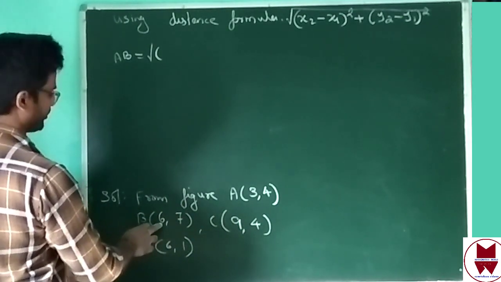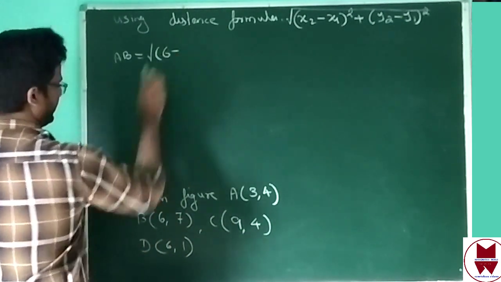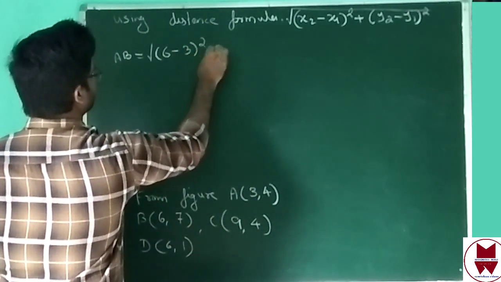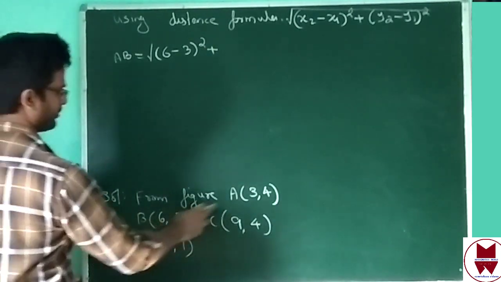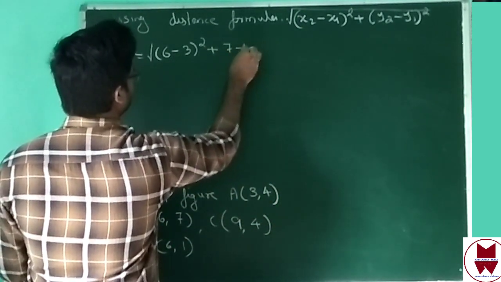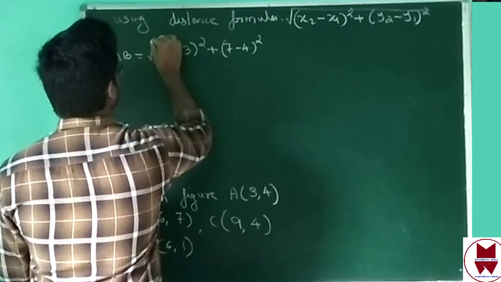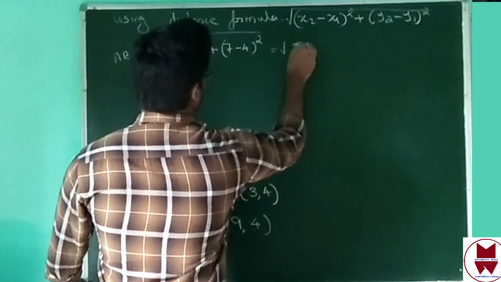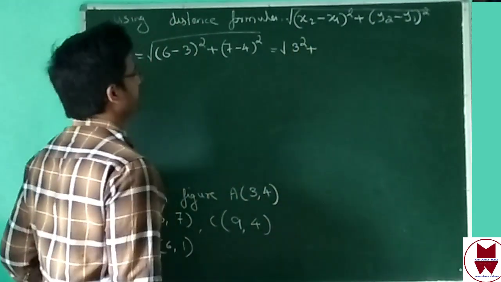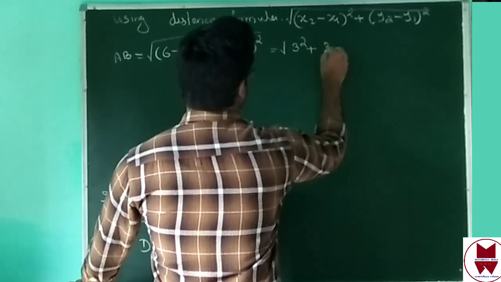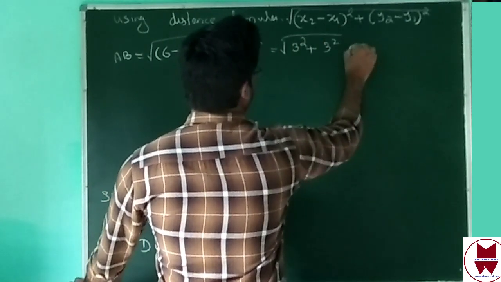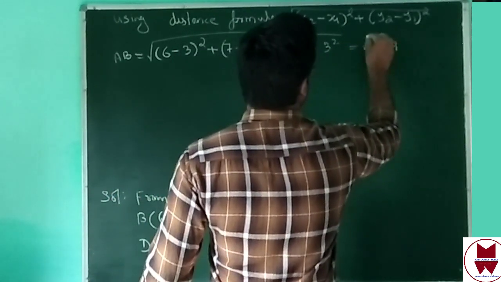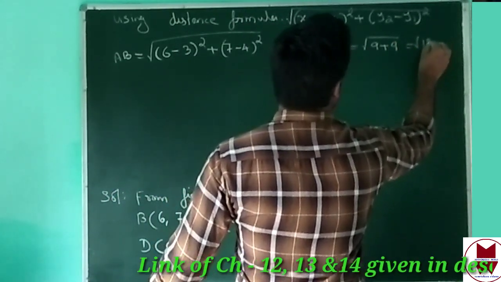Then x2 minus x1, x2 is 6 minus x1 is 3. Then y2 minus y1, 7 minus 4. Square root of 6 minus 3, 3 square, then 7 minus 4, 3 square, equal to square root of 9 plus 9, equal to square root of 18 units.